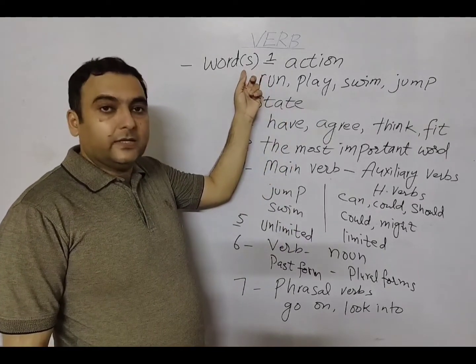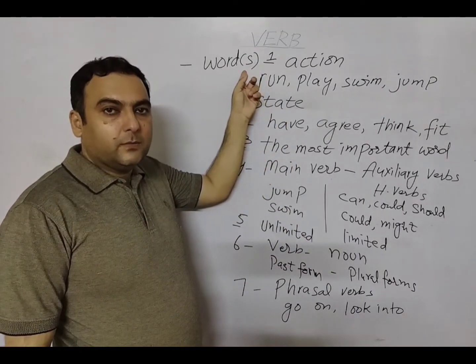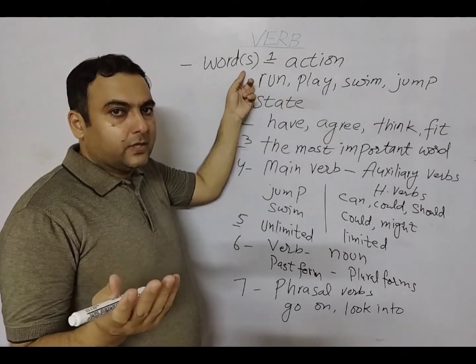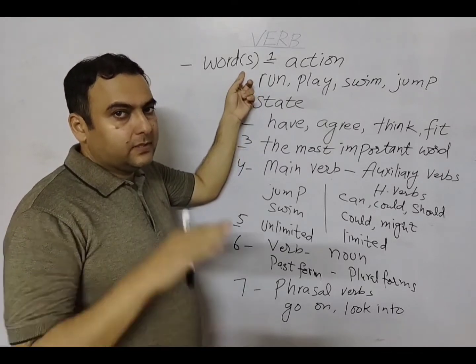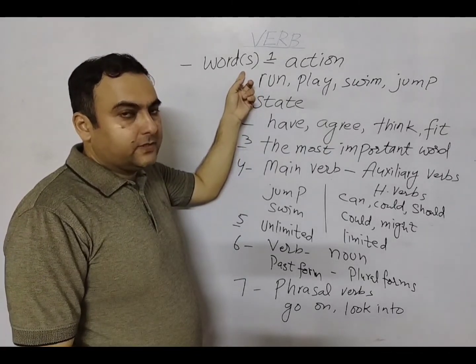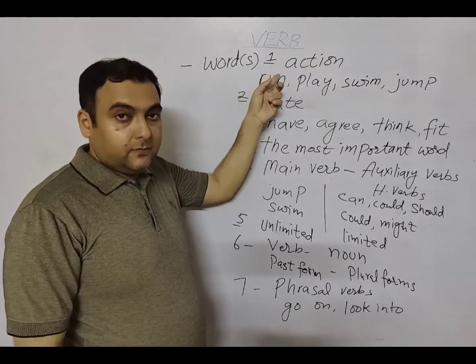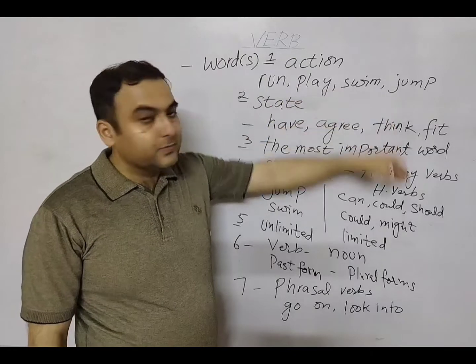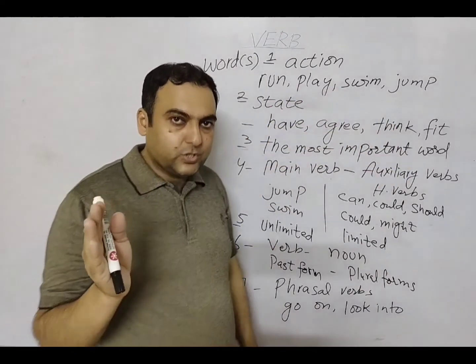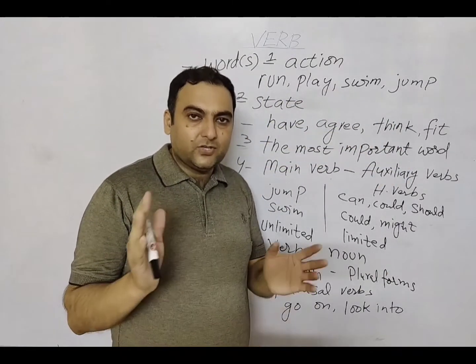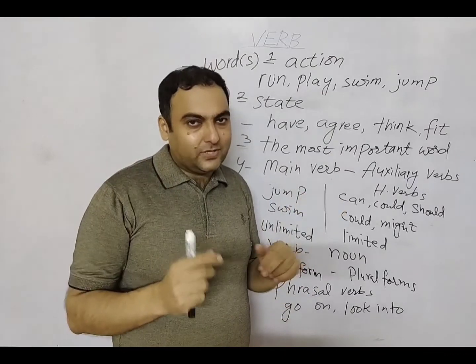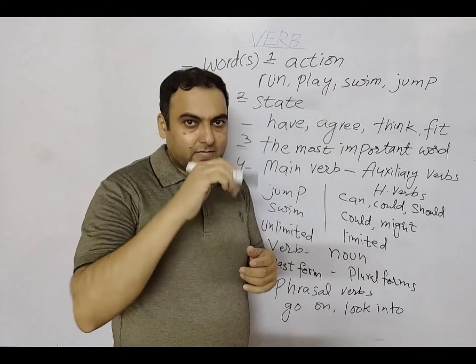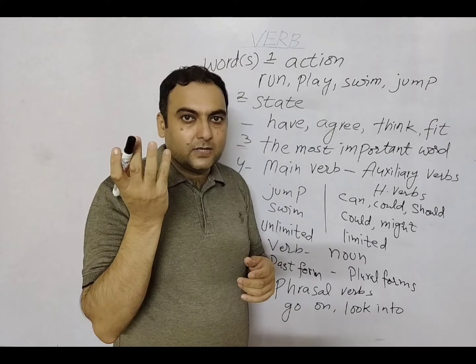And if you see here, I have written verb can be words also. I'm going to give you some examples later in the video. Right? So verb is a word which shows action. For example, run, play, swim, jump. These are words which show action. And action doesn't mean the Hollywood movie type action. Action means, for example, I'm writing, I'm speaking, this is action.